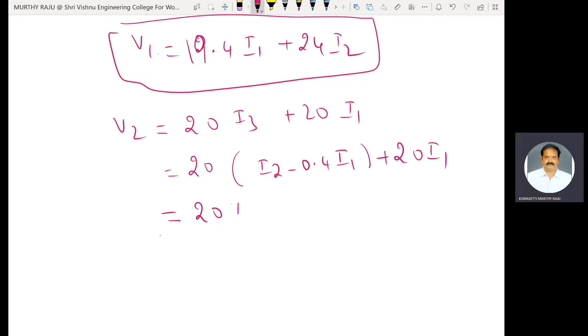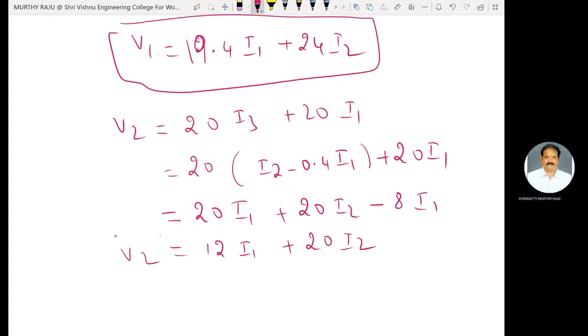That is 20 I1 plus 20 I2 minus 8 I1, which is equal to 12 I1 plus 20 I2. This is the V2 equation.